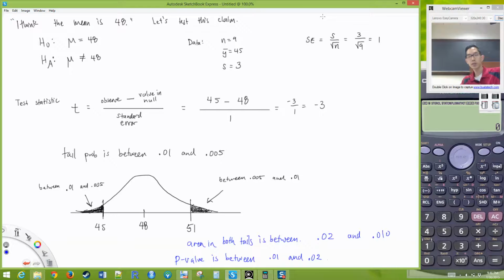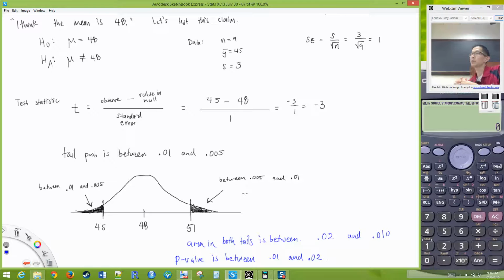So now we go back to our original question. If the mean is truly 48, what's the probability that a random sample ends up having a mean of 45? That probability, something like that happening from random chance alone, is between 1 and 2%. So now we have to make a choice.